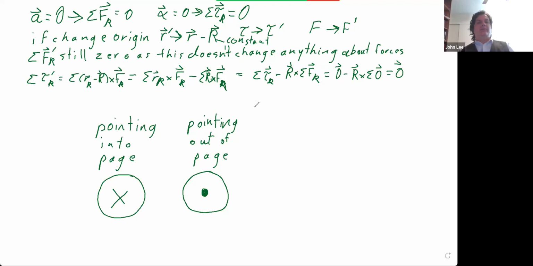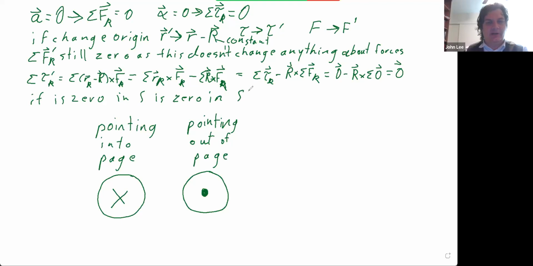So if the sum of the torques is 0 in S, it is 0 in S prime, the new coordinate system.